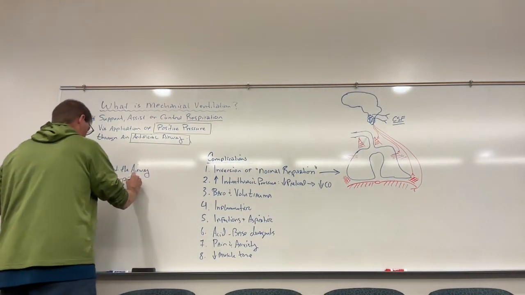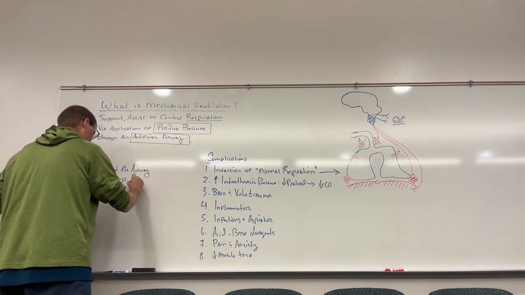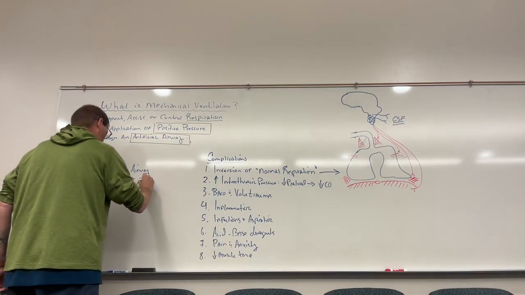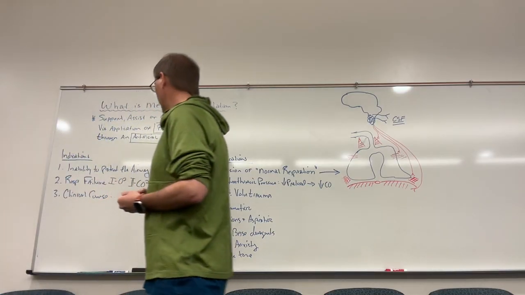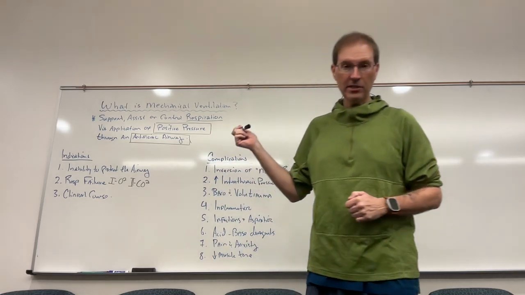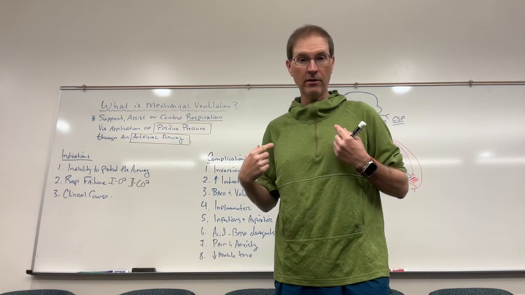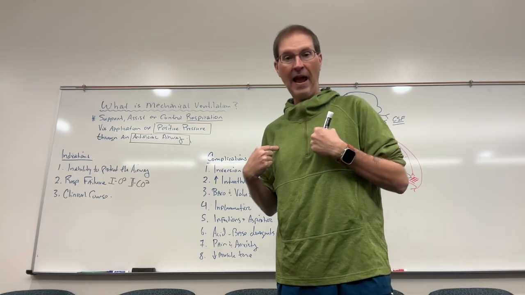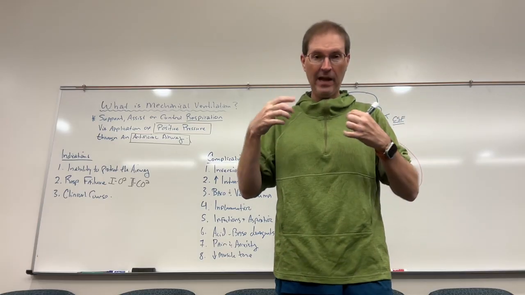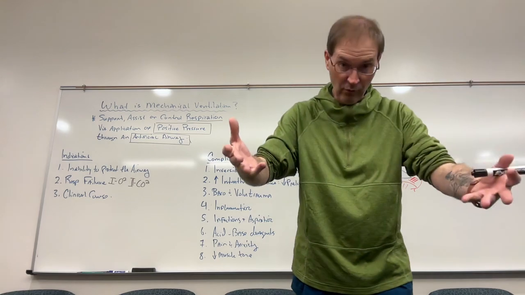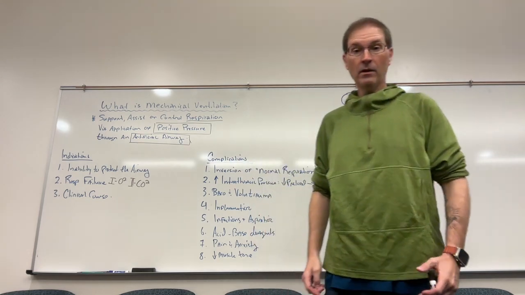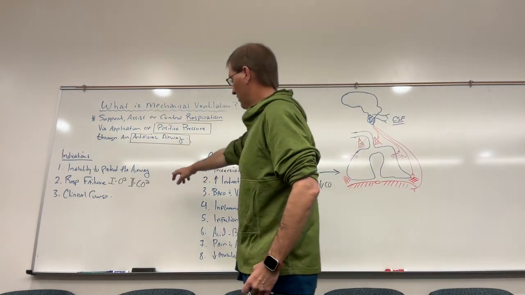The second type of respiratory failure is what we call type 2 or hypercapnic respiratory failure, and this is a failure to eliminate carbon dioxide. So this is a failure to get carbon dioxide out of the blood across the alveolar capillary membranes and then out of the respiratory system, right? So that is hypercapnic.